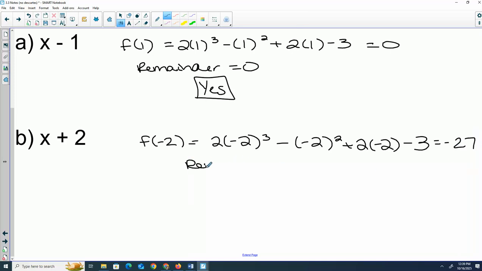Okay, so that means if you divided these, the remainder would turn out to be a negative 27. So is it a factor? No. Alright.